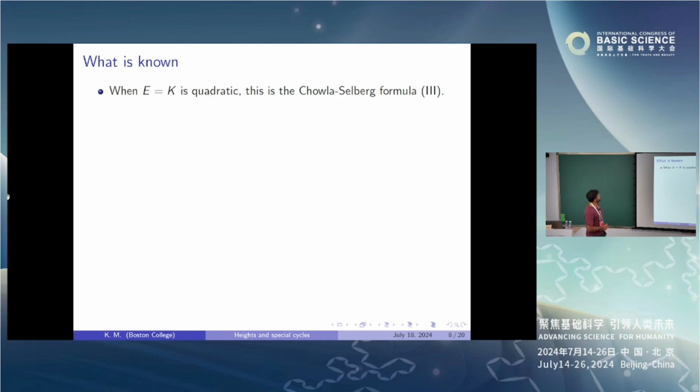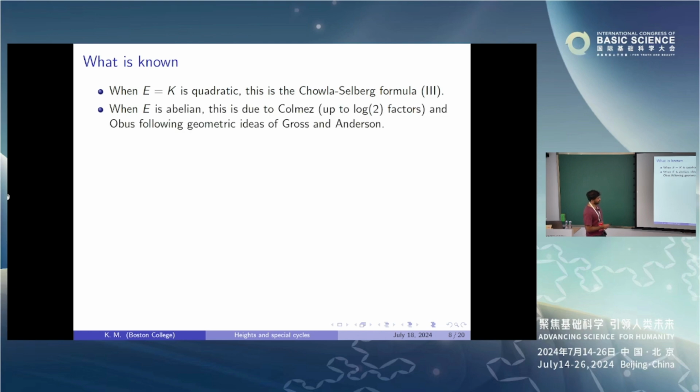Okay, what is known? So, as I said, when E is quadratic, then this is the Chowla-Selberg formula. When E is abelian, in the same paper where Colmez studied all these things, he proved that the conjecture is true for an abelian extension. It's essentially cyclotomic. So there's up to some factors which are removed by Obus, but this proof essentially follows ideas, expands on ideas of Gross.